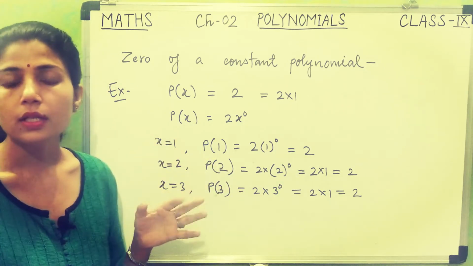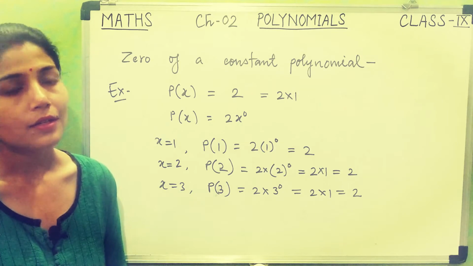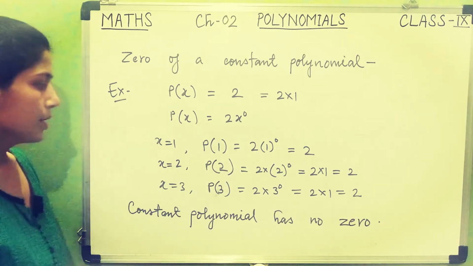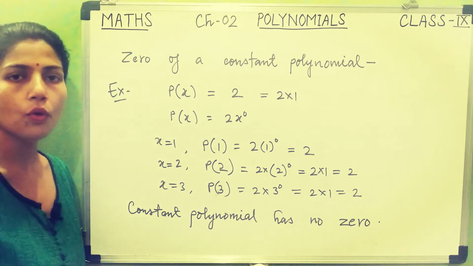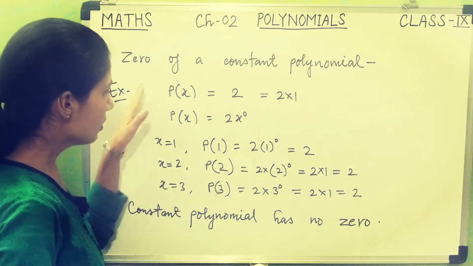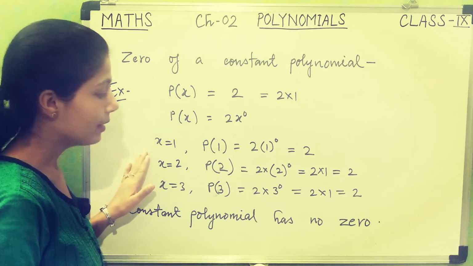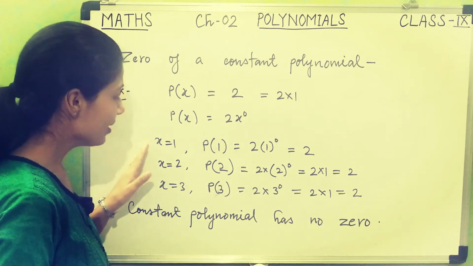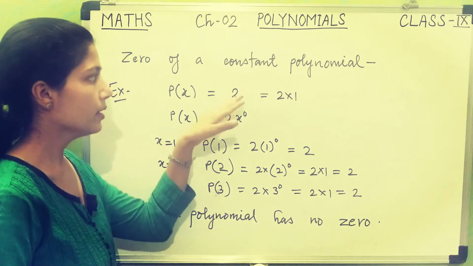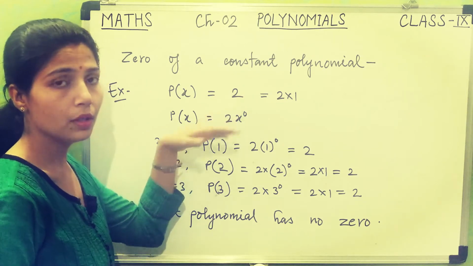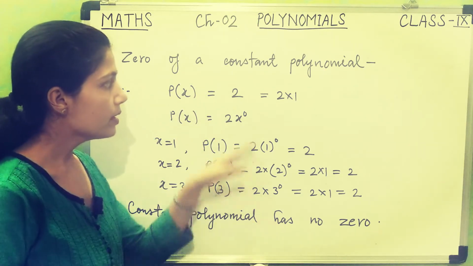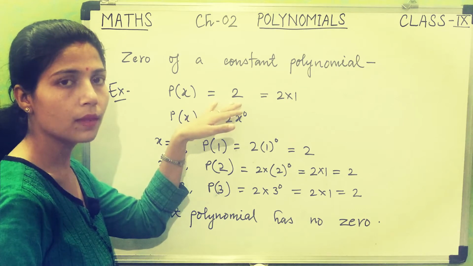So you can't find the zero of a constant polynomial. We will write it as: a constant polynomial has no zero. So it is clear that for any constant polynomial, whether 2, 3, 5, whatever, every time you get the same value of the polynomial.